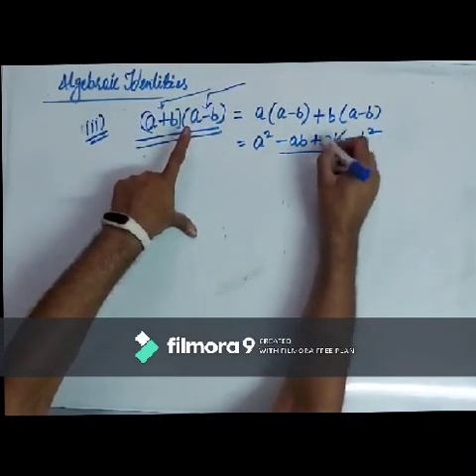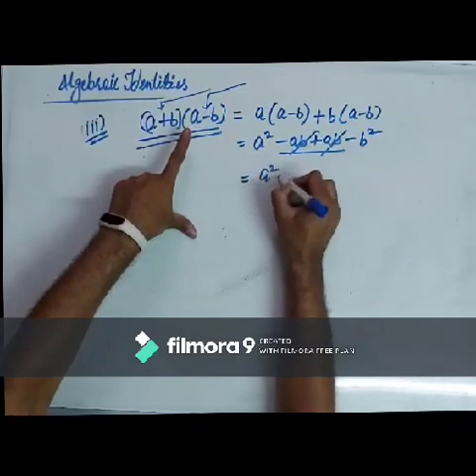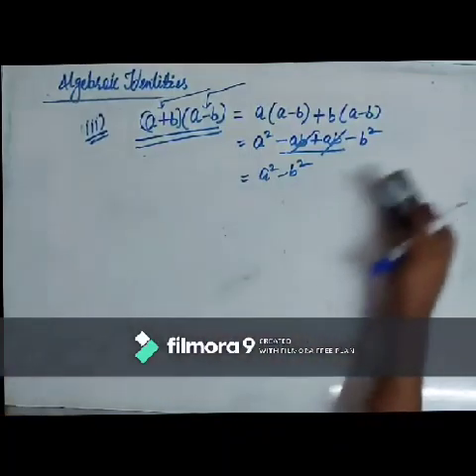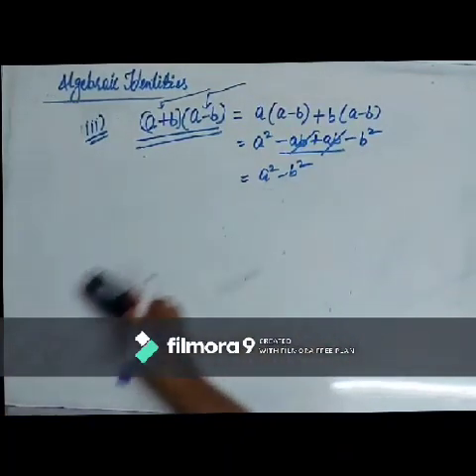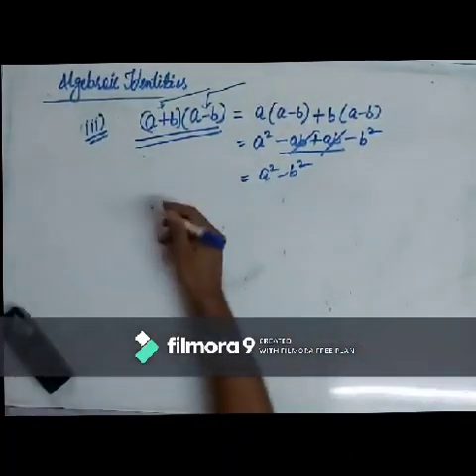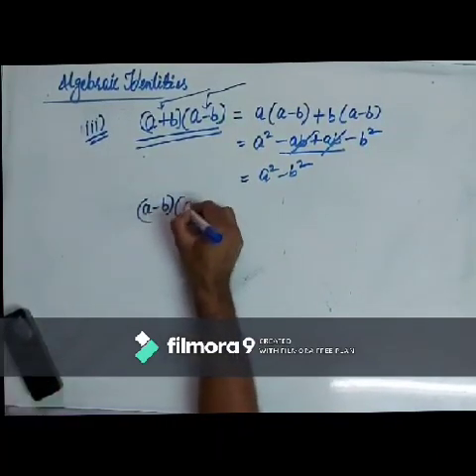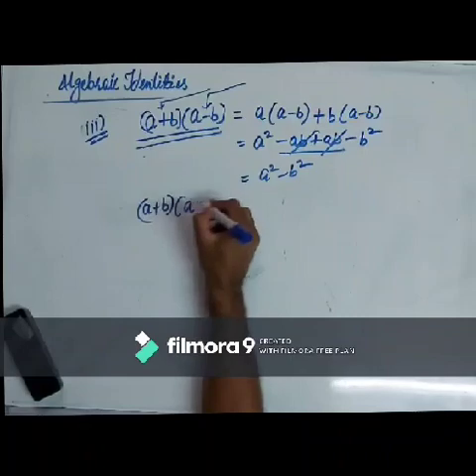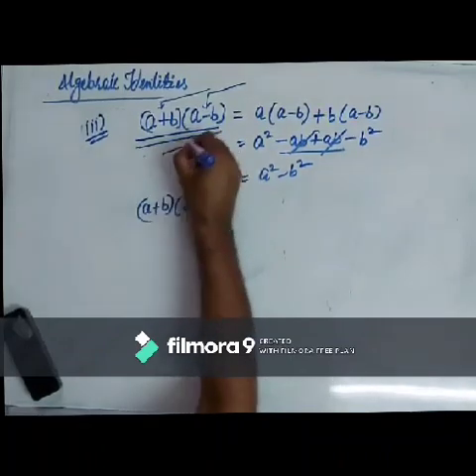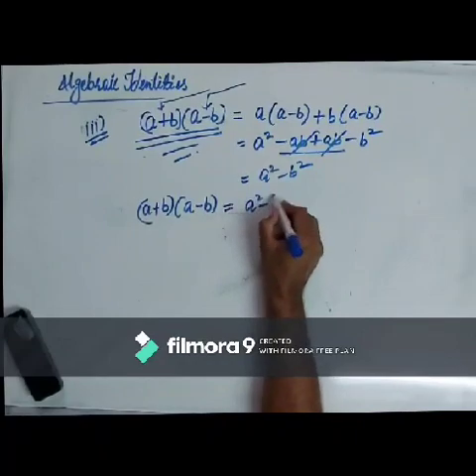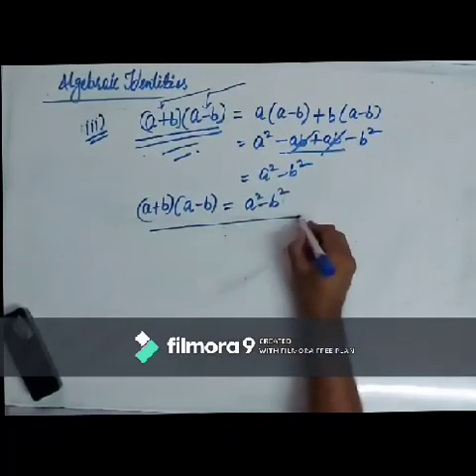So these two will cancel out, you will have a square minus b square. This is a very interesting answer we have concluded here. This is a minus b into a plus b, which is a square minus b square. This is your identity number 3.